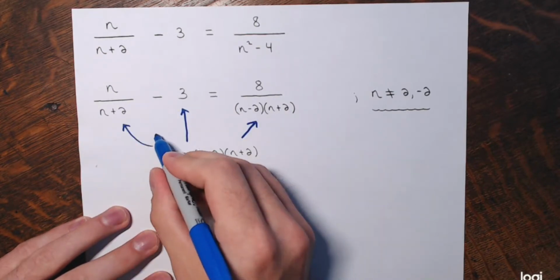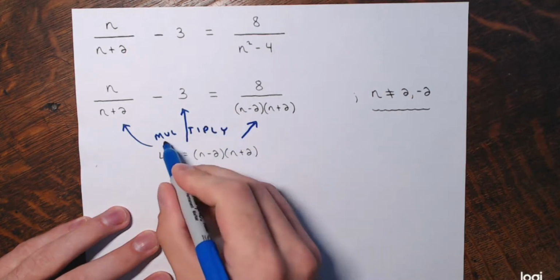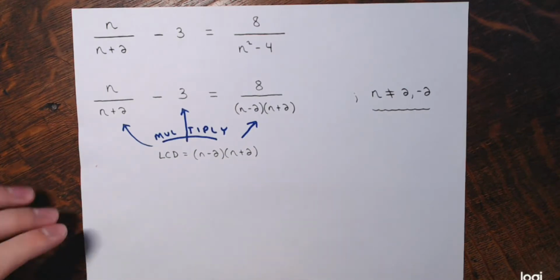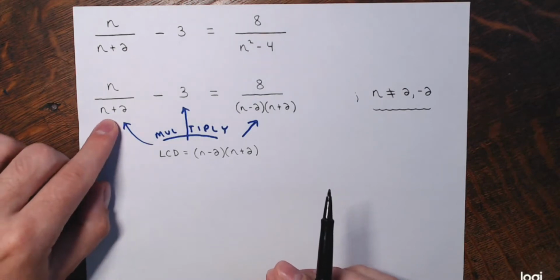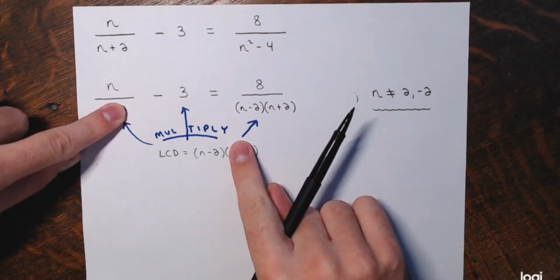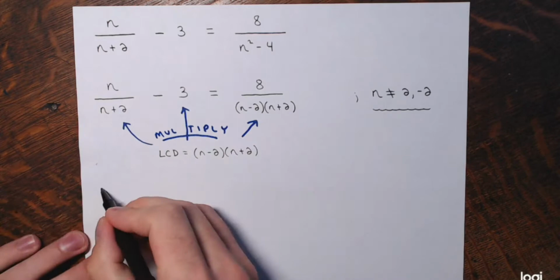We are, again, multiplying by the LCD. The whole reason for this is, once again, to clear away all the denominators. In this first fraction on the left side, the n plus 2's would cancel, and I would have n times the quantity n minus 2 left over.